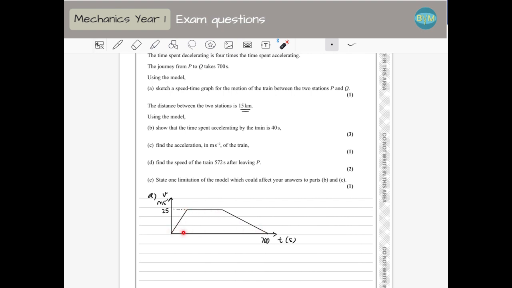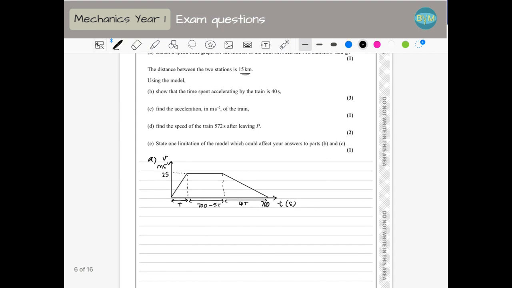So we know this side is 700, but we have to write this in terms of t. If we call this time t, we know this bit is 4t, because they say it takes 4 times as long to decelerate, and this bit here will be 700 minus 5t. This is a way of writing it, but not the only one.